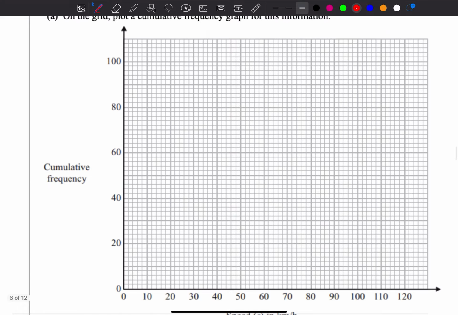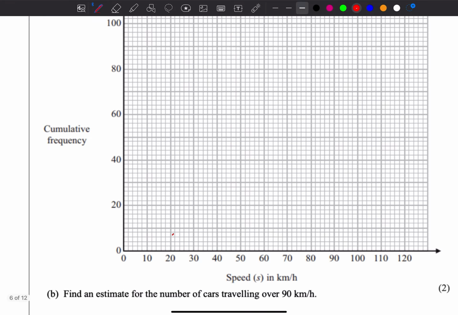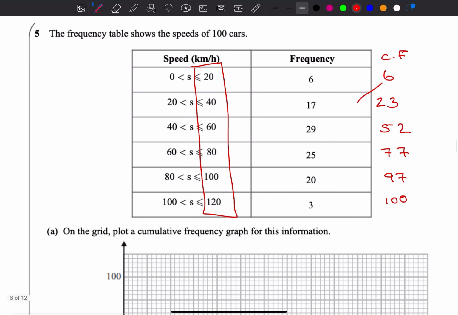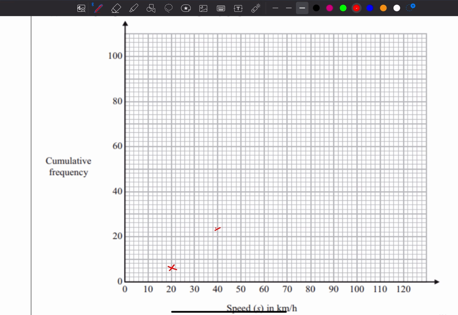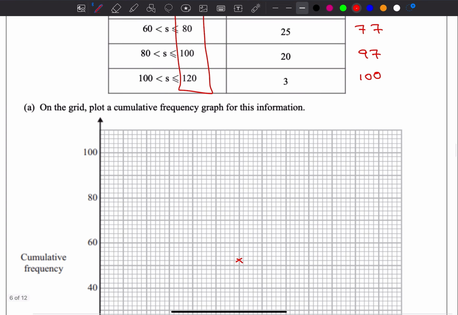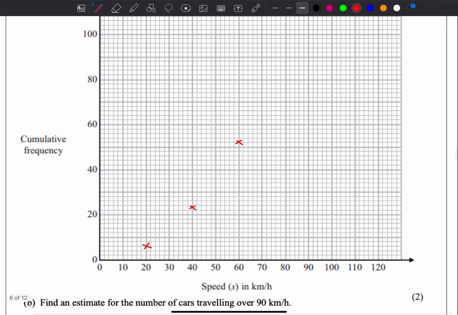So 6, it goes up in 3s, so 6, then 23, then 52, then it's 77, then it's 97, then it's 100.